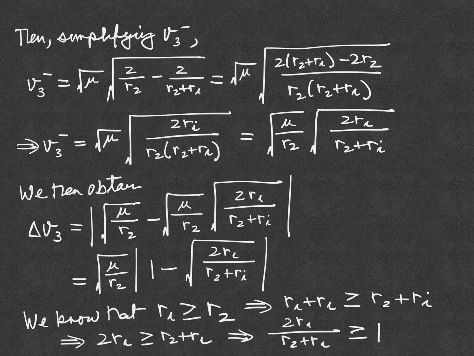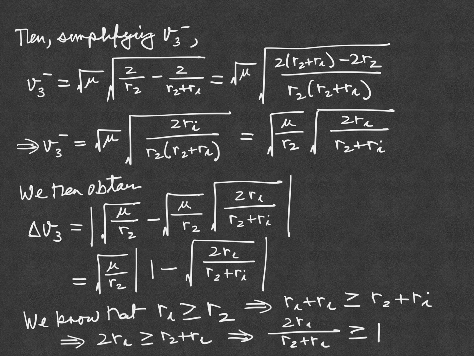So consequently, its square root is also bigger than or equal to 1, which means that the absolute value is going to be replaced by flipping these two terms, because 1 minus that square root of 2Ri over R2 plus Ri is negative. So the absolute value of it is going to be the square root of 2Ri divided by R2 plus Ri minus 1.